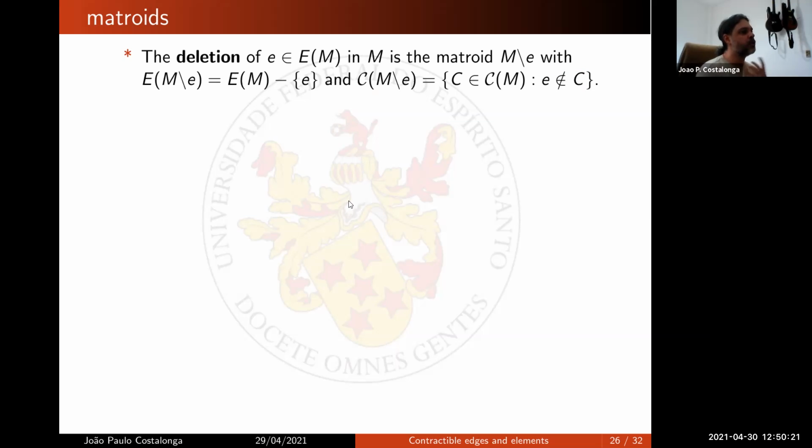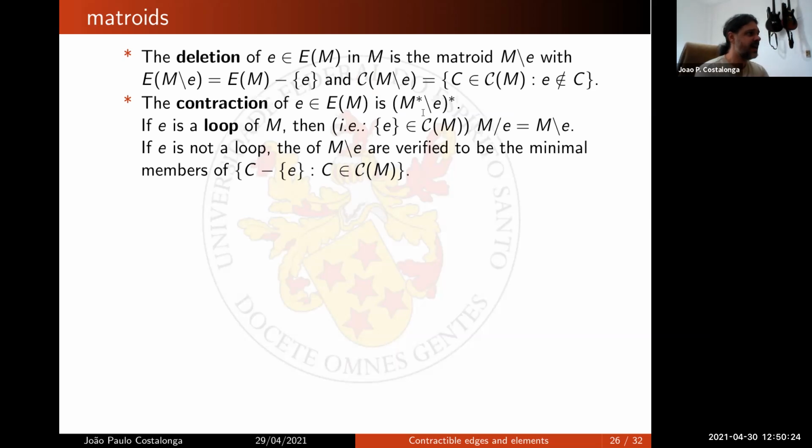And there is the idea of contraction. If the element you are contracting is a loop, this is a singleton circuit, the contraction is just the deletion. You may think that contracting a loop in a graph is just deleting it. It's the same thing. And if it's not a loop, the circuits are verified to be the minimal members of C minus e, where C is the set of circuits of the original matroid.